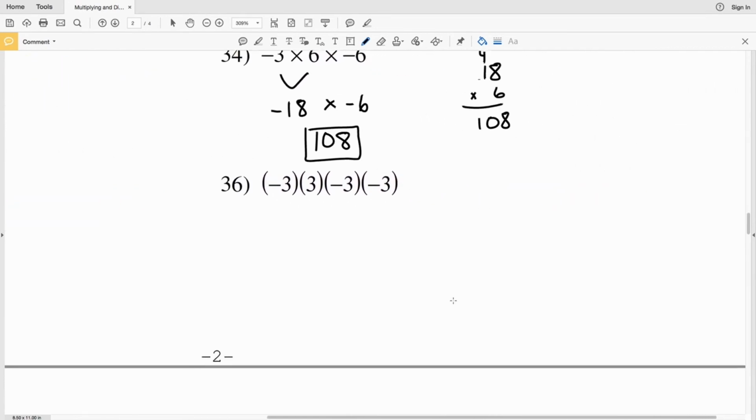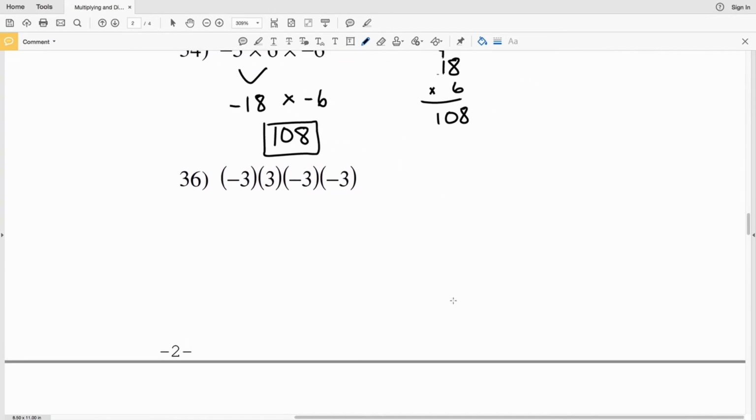And moving on to our last problem, number 36. 36, we have a negative times a positive times a negative times a negative. If we multiply negative 3 times 3, we're going to get a negative 9. Because the order doesn't matter for multiplication, we can also go ahead and multiply negative 3 times negative 3.